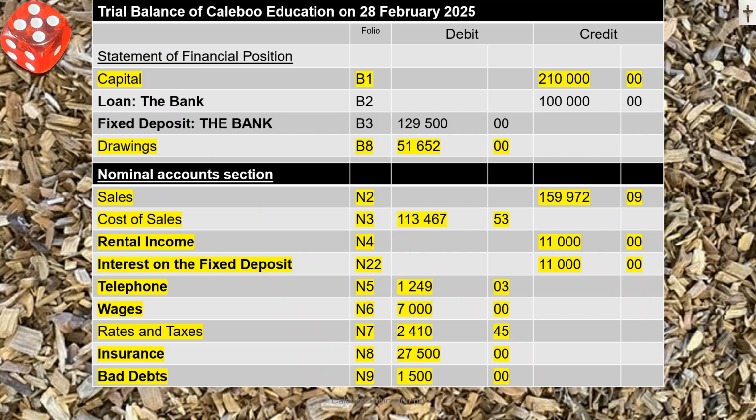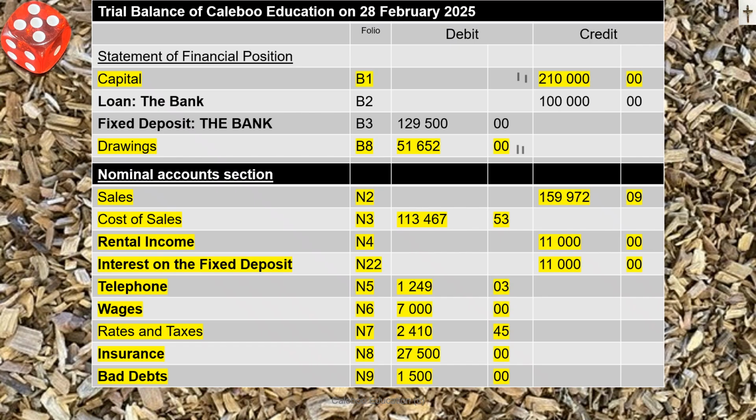If you're familiar with categorizing accounts, we've got different categories of accounts here. Capital is its own category, drawings its own category. Reminder, capital is what the owner puts into the business. Drawings is what the owner takes out for his or her personal use.